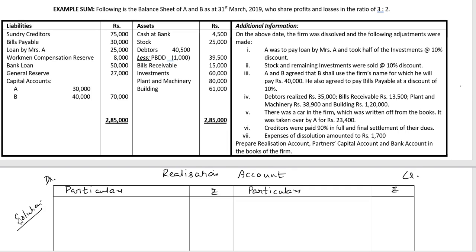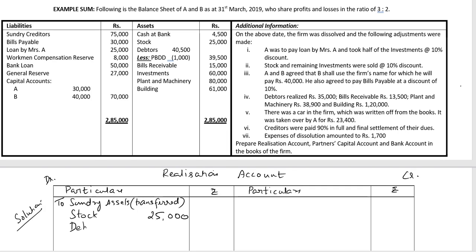We'll begin by transferring the sundry assets. Transferred. Stock 25,000 rupees.